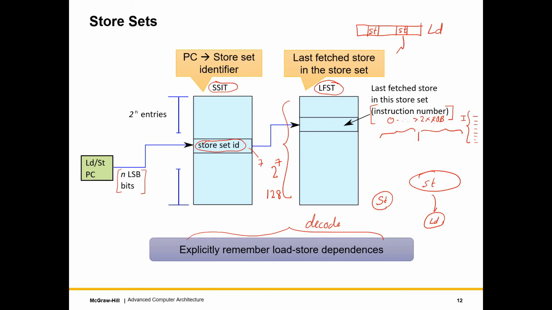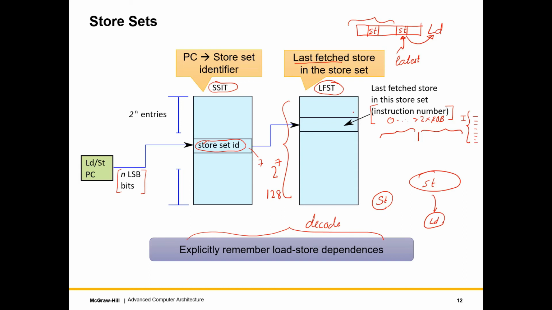Out of these, one store is the latest, which means it will most likely forward the value to me. The rest are in my store set, but I don't care. I only care about the ID of the latest store, because that is what is going to forward a value to me. This is the last fetched store in the store set.